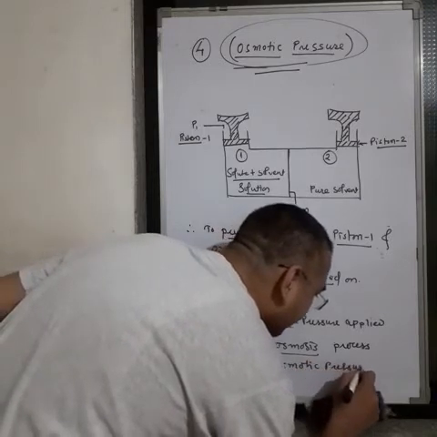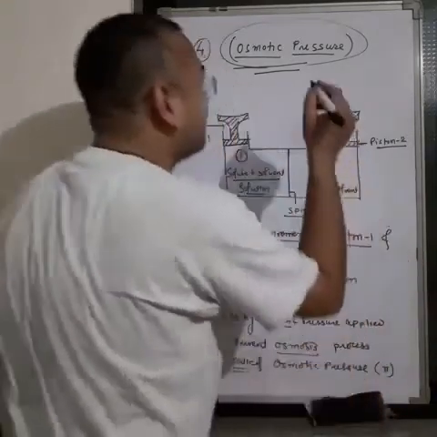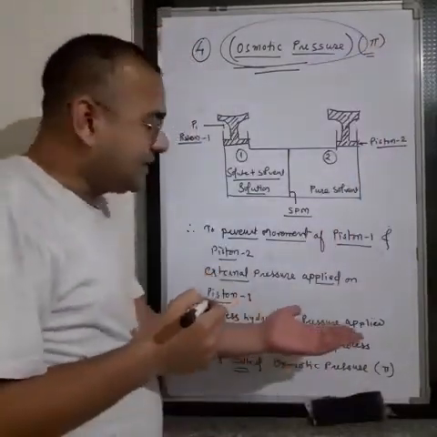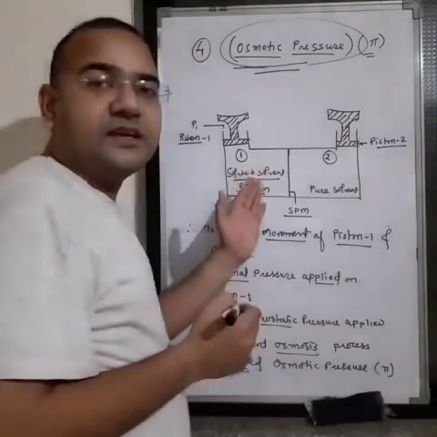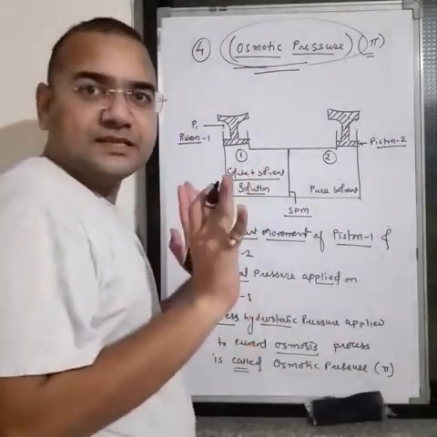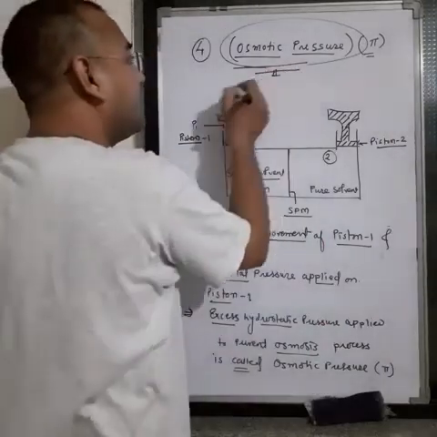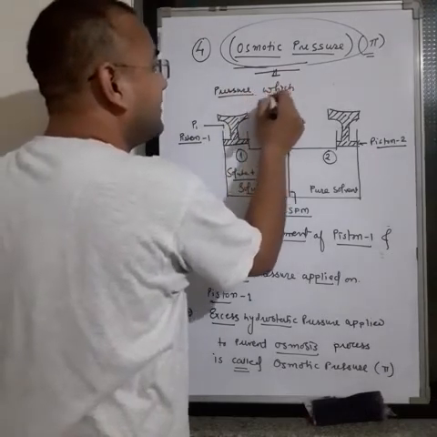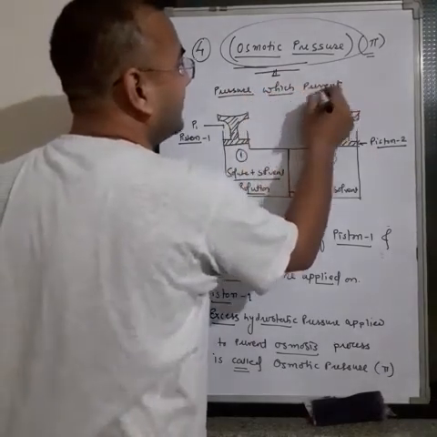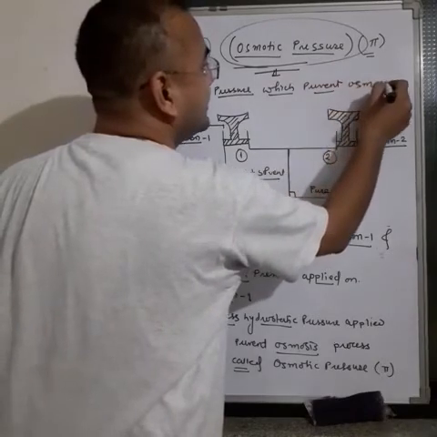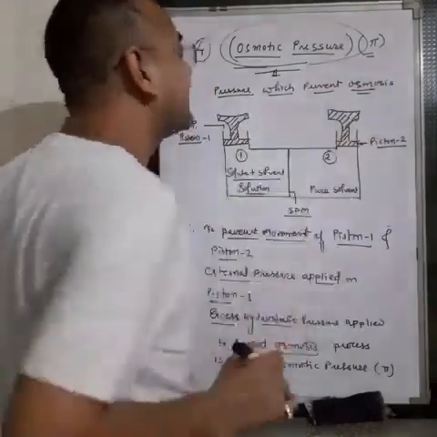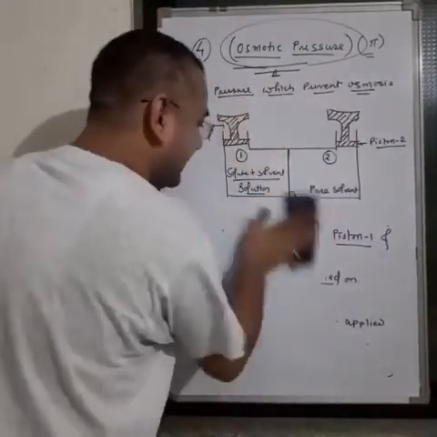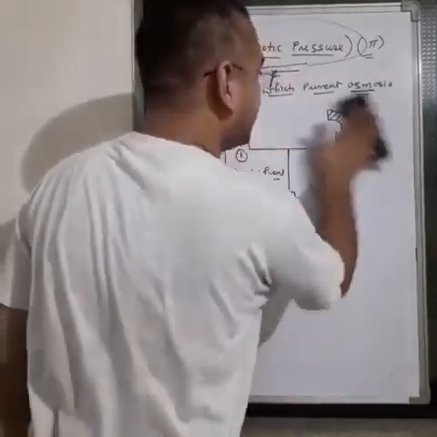It is denoted by pi. Ultimately, osmotic pressure prevents osmosis. Very simply, osmotic pressure means the pressure which prevents osmosis.